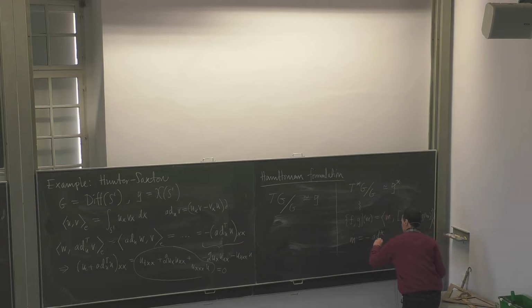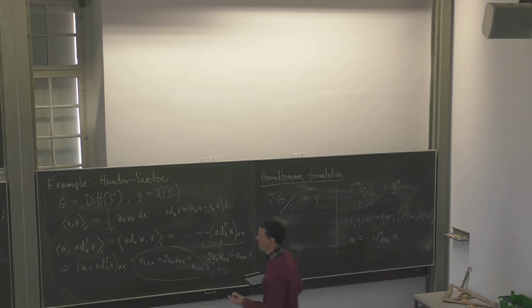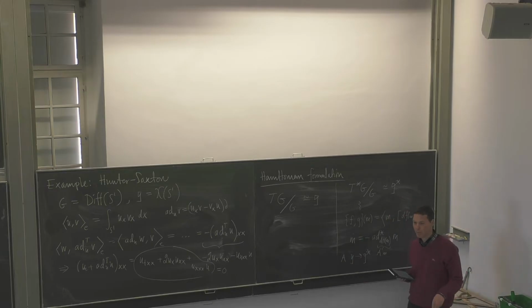In general, you get that by taking d of the Hamiltonian applied to m. In this particular case of Euler-Arnold equations, the Hamiltonian is quadratic and is described by one of these inertia operators. So this would be A inverse applied to m. A is the inertia operator, it goes from g to g*.